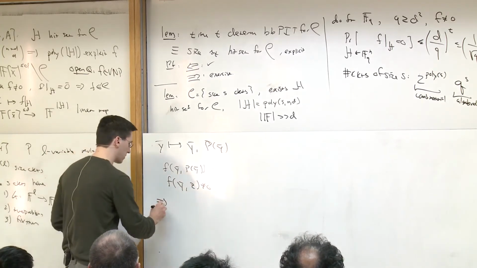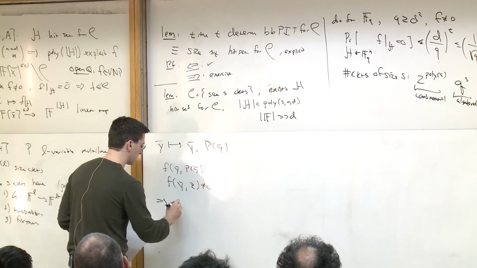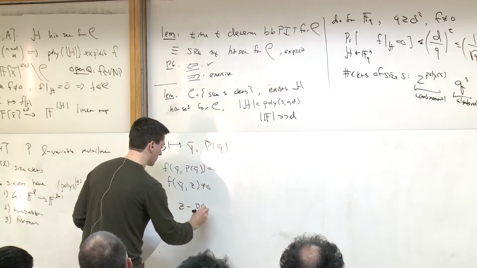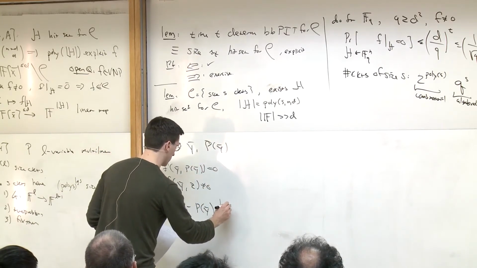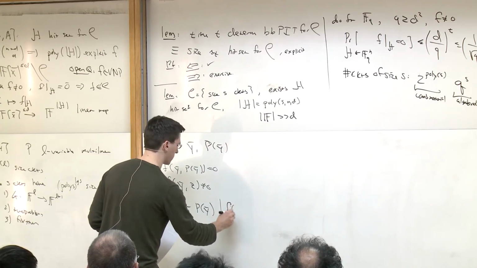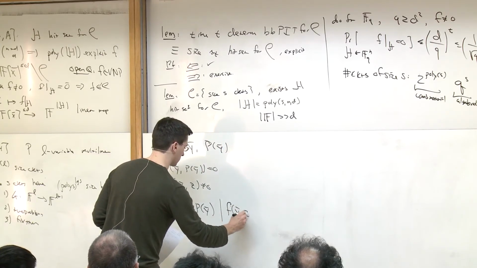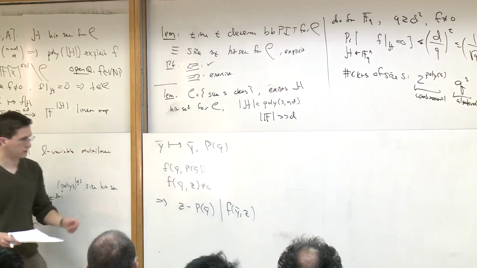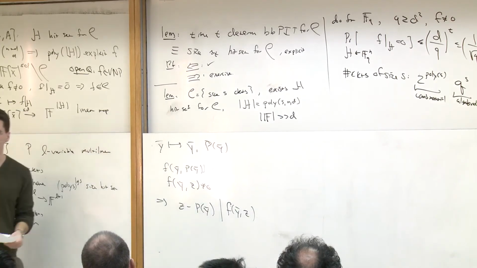This implies that Z minus P(Y) divides F(Y, Z). This is a basic Gauss's lemma or something.